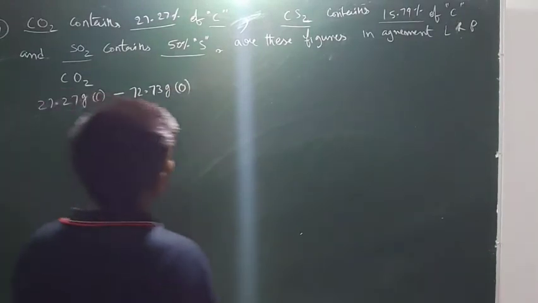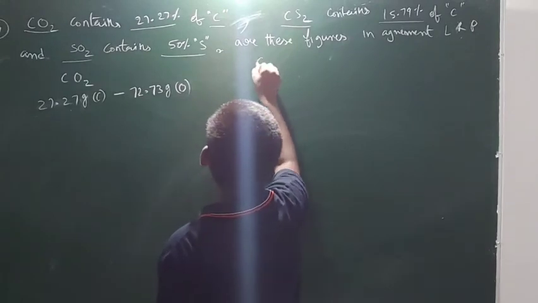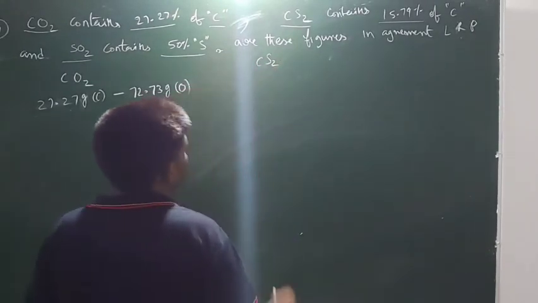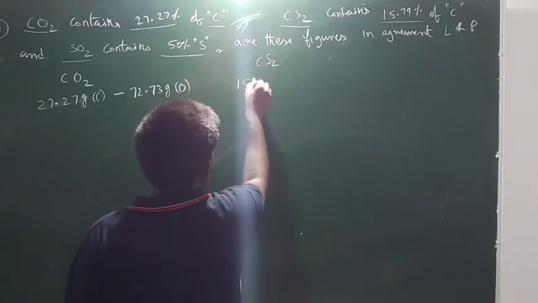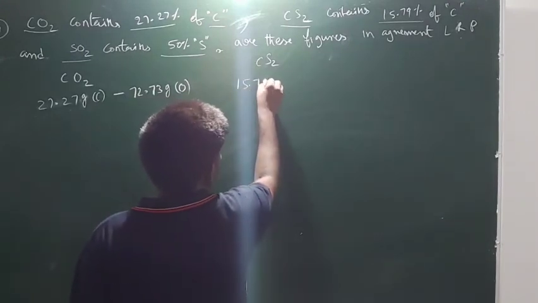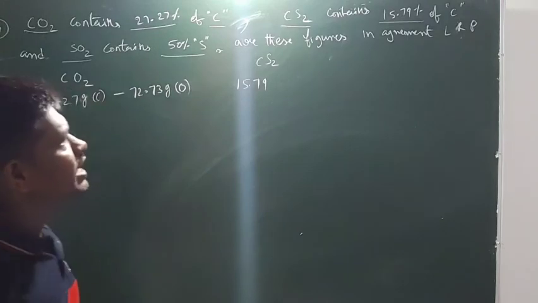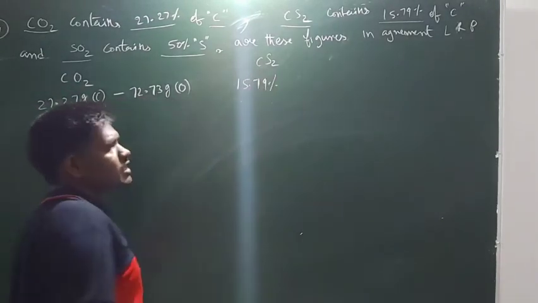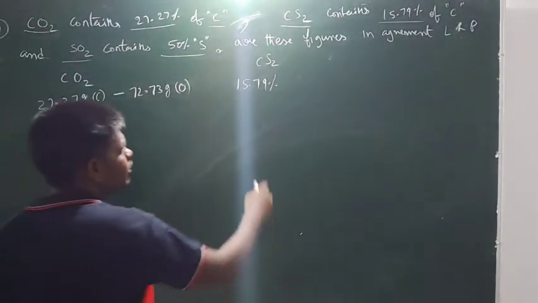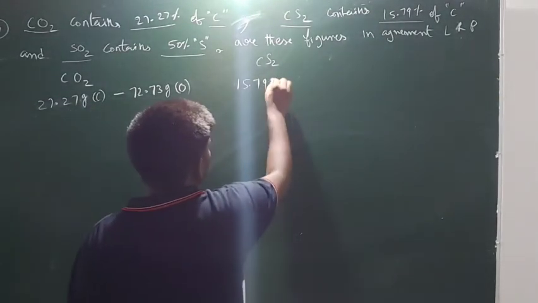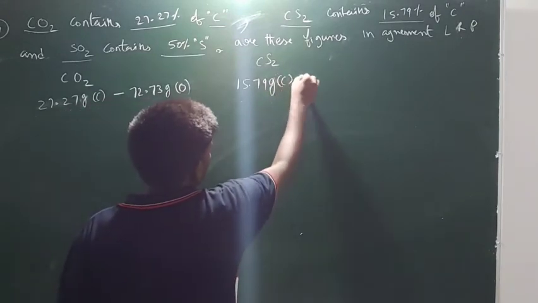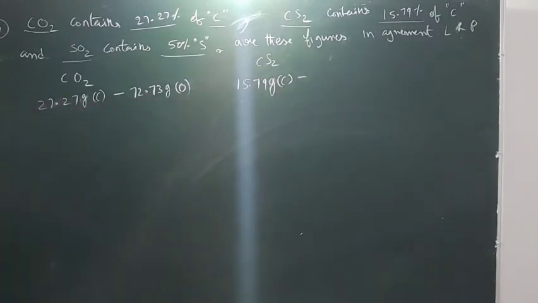So next one, let us see carbon disulfide. In CS2, guys, the amount of carbon is given. What is that? 15.79% is given. It means that in 100 grams of the carbon disulfide, you have 15.79 grams of the carbon. Next one, what about the mass of the sulfur, guys?